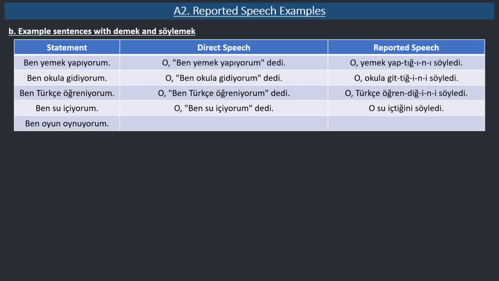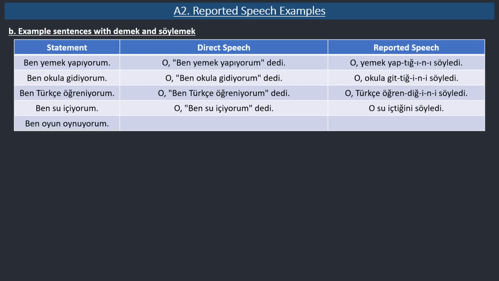You didn't change ben to o in your sentence. As you can see it here, there's still o and ben. You need to change that ben to onun. Yes, that was just your first time. You will get used to it.